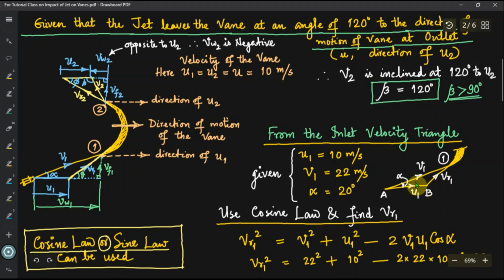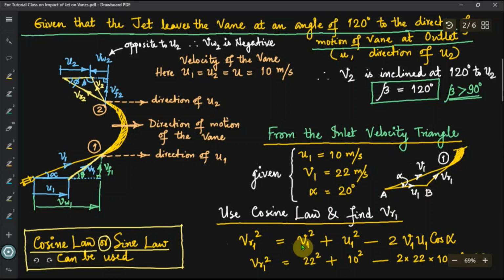And now if you know two sides and included angle in a triangle, how to find out the third side? The easiest way to find out the third side of the triangle when two sides and included angle are available is the cosine law. So you can use cosine law and find out the unknown side, that is Vr1, the relative velocity at inlet.